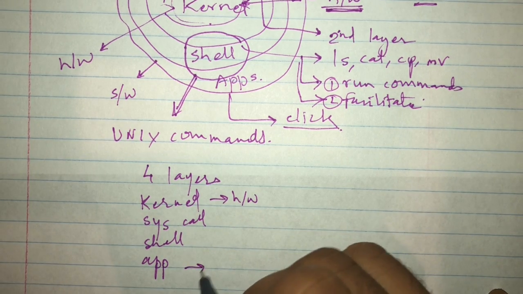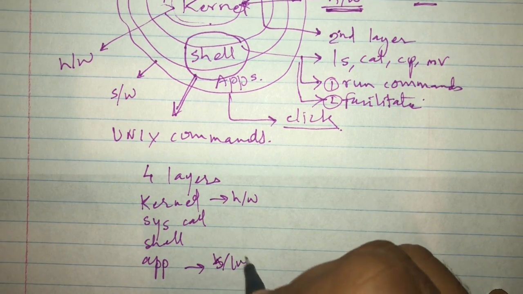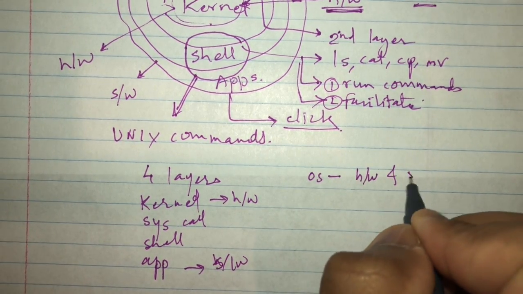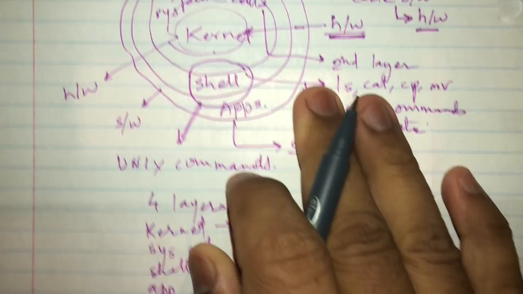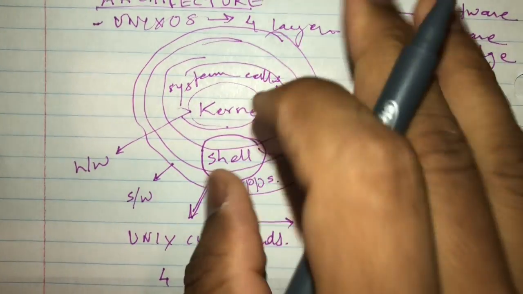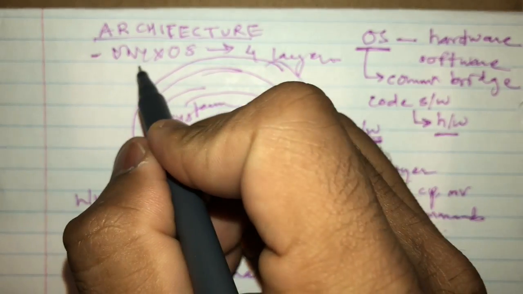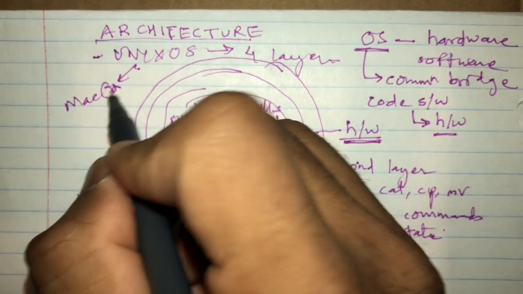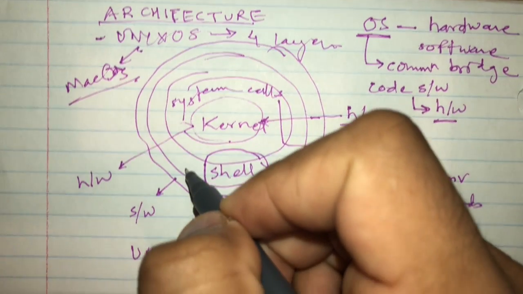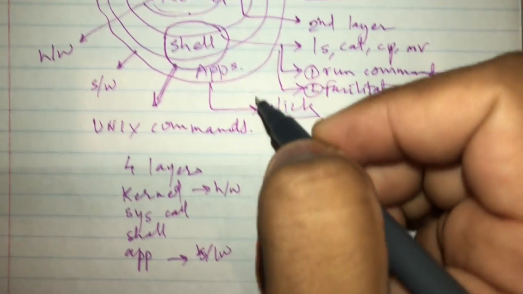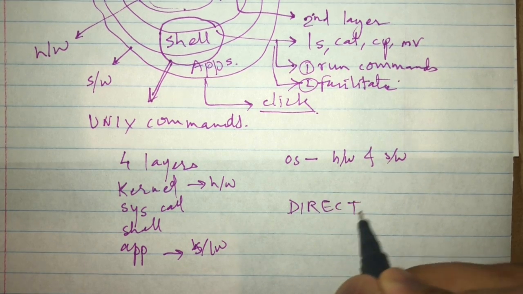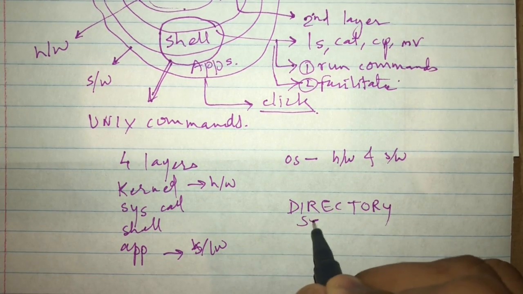You can treat the application as software, and the OS is the communication bridge between hardware and software. A few examples of Unix OS: the most famous one is Mac OS, and the iPhone that you use also runs on a Unix operating system. In the next video, we are going to see the directory structure of Unix operating system.